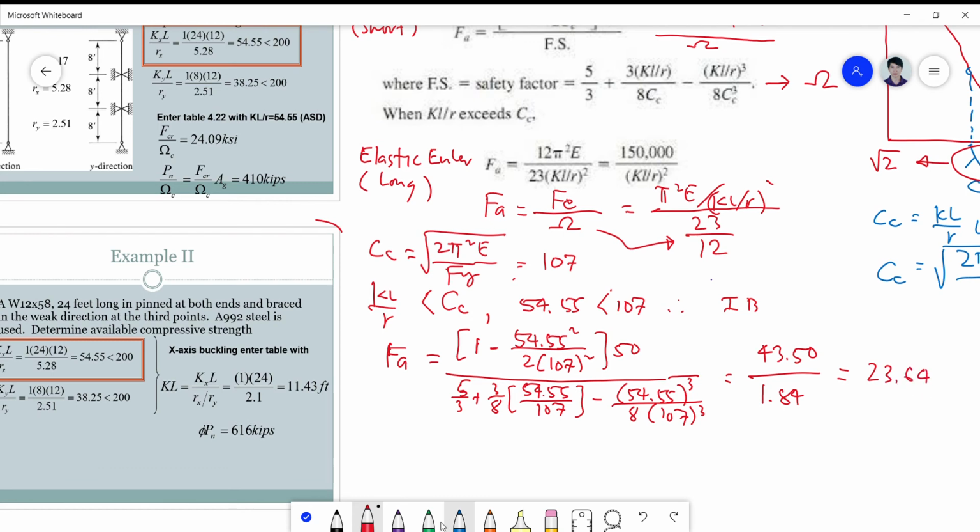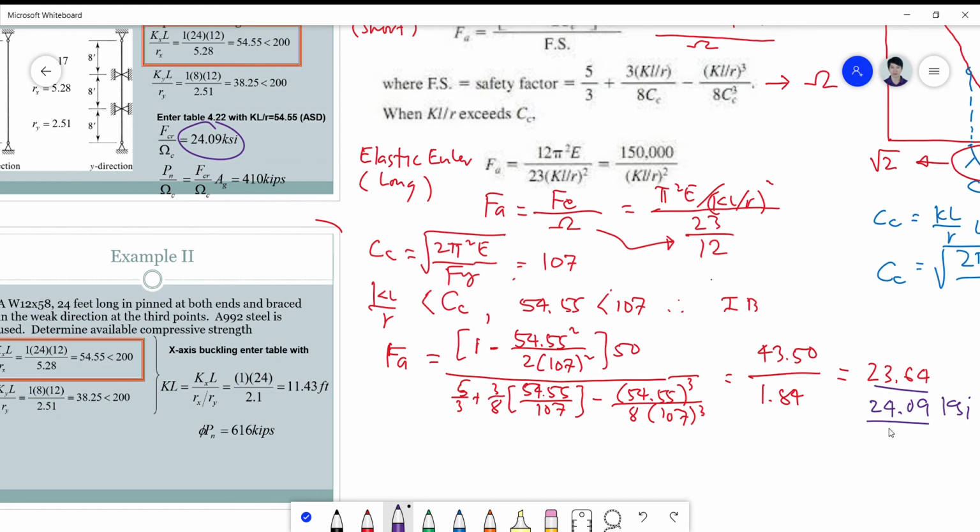Because the table method is only approximate, there's a slight discrepancy. The table gives 24.09 ksi here.